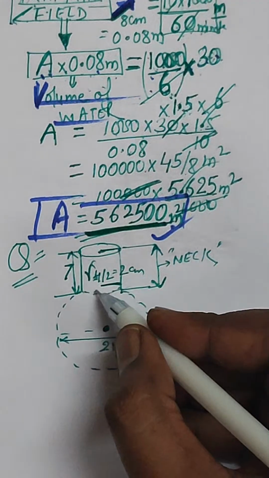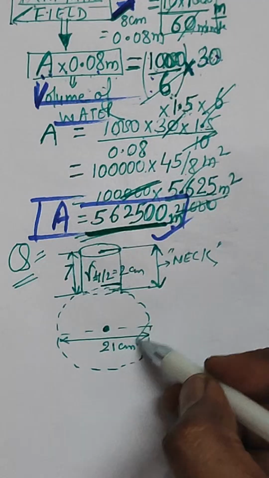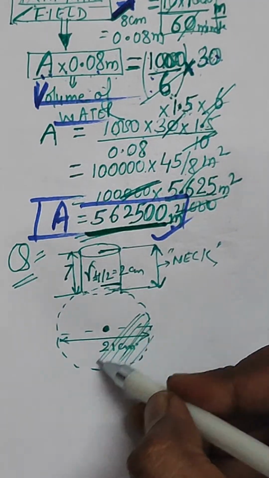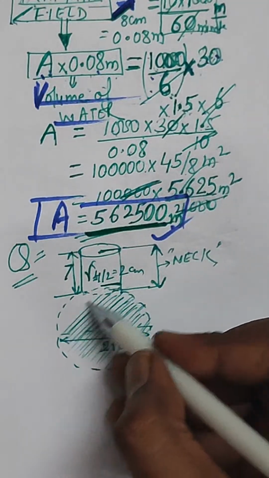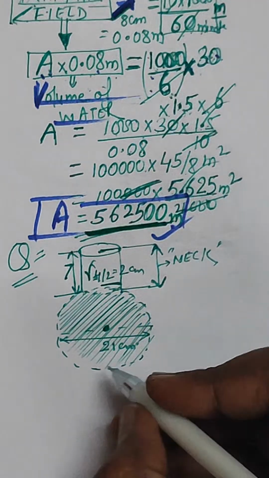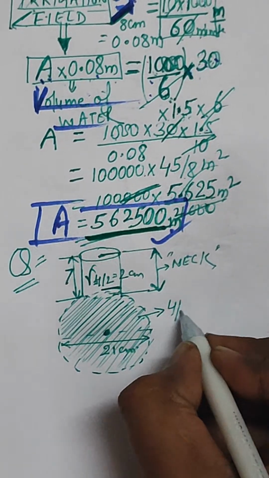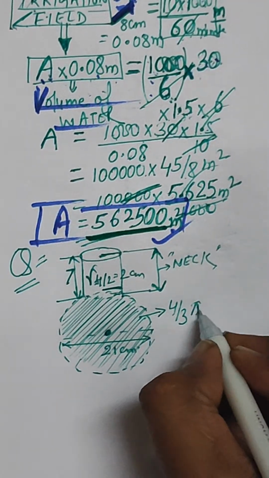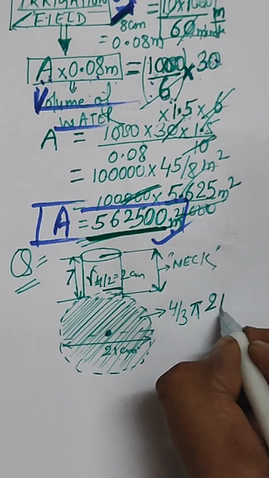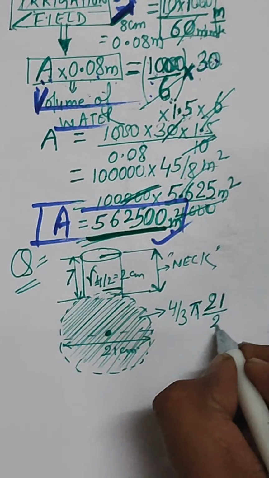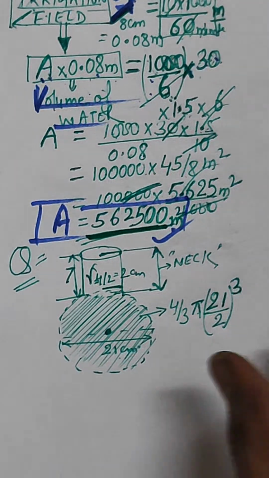Okay, simple student, it's very simple. Just calculate the volume of this sphere. What is the volume of this sphere? This is a spherical shape. So volume of a sphere is 4 by 3 pi r cube. And what is the value of r? If diameter is 21, r will be 21 by 2, and the cube of this, right?